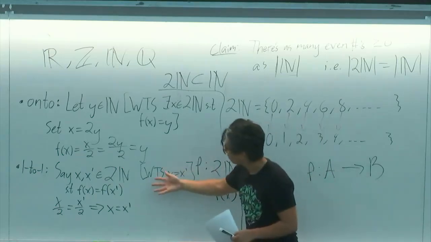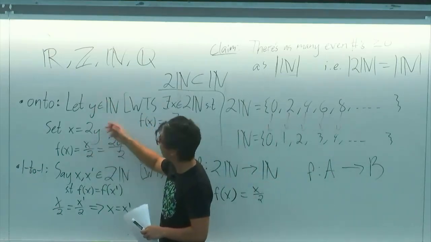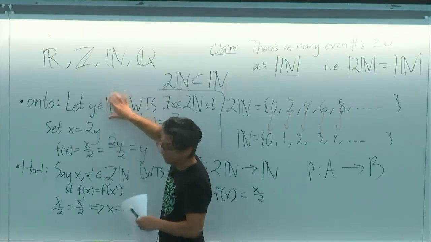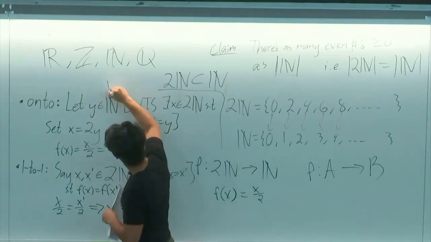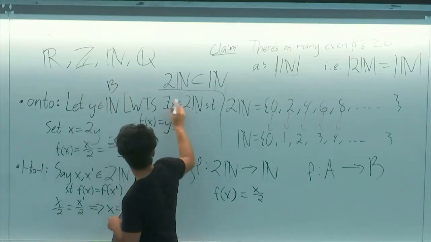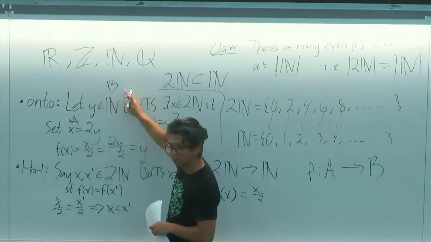And the way to prove it always looks like this. That is, start with something in B, and show that there is something in A that maps to it.